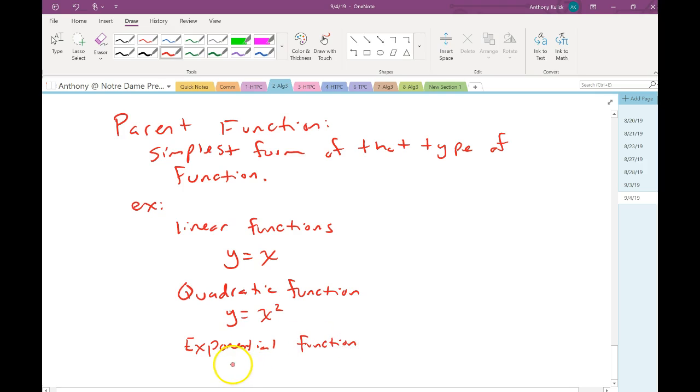Not many, but some did. There's lots of different types of exponential functions, but for example, y equals 2 to the x could be the parent function for the exponential functions of base 2. Now we'll go into that in far more detail in second semester. If that's all nonsense and gibberish to you, that's okay. The point of the matter is that these parent functions are just like the simplest version of that kind of function. That's the takeaway.